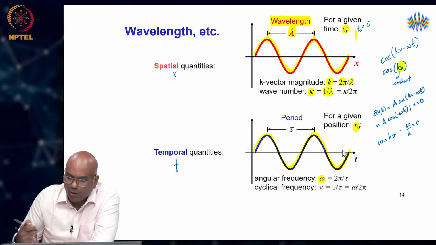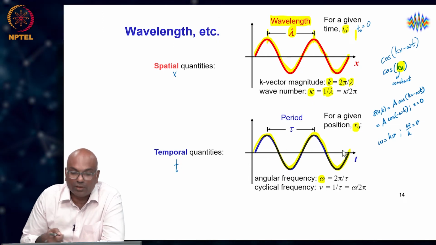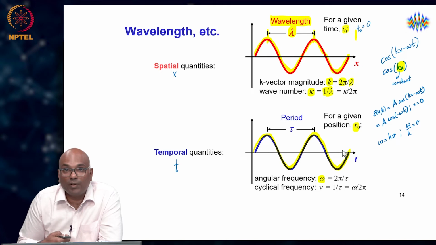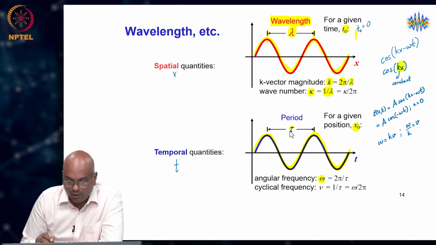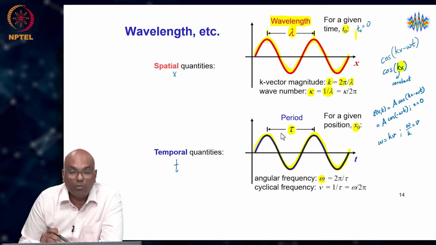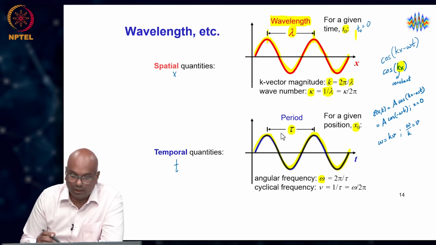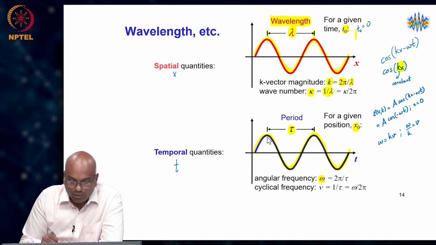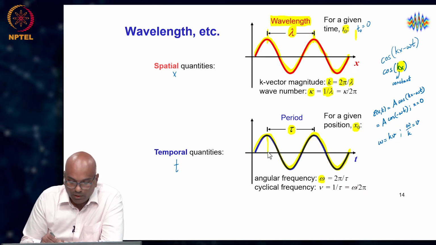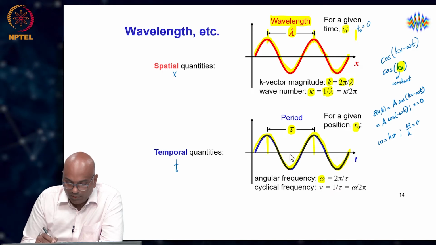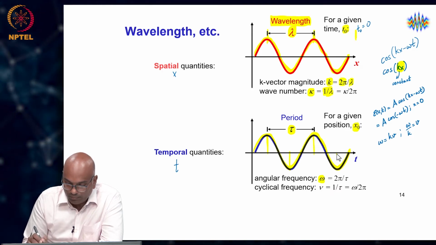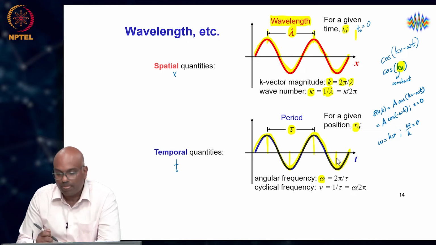And now the periodicity of the cosine function essentially in terms of phase is 2 pi, and that translates in this case to a temporal periodicity of tau. We call the temporal period tau. That is to say, the value of the amplitude of the wave repeats itself after every tau units of time ticking by, right.